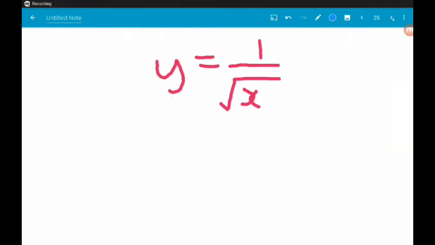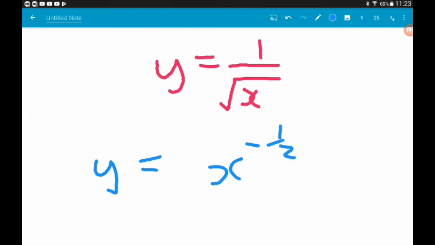Okay, the last one here then for pure differentiation, and then we're going to look at finding the actual numeric gradient of a point on a curve. So, here we've got y equals 1 over root x. So, first of all, write it as a power. So, root x is x to the half, but it's on the bottom of a fraction, so y is x to the minus 1/2.